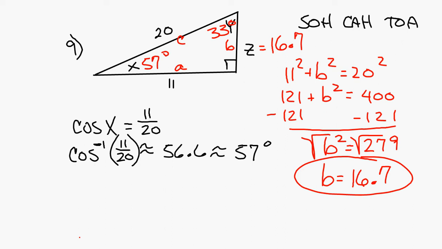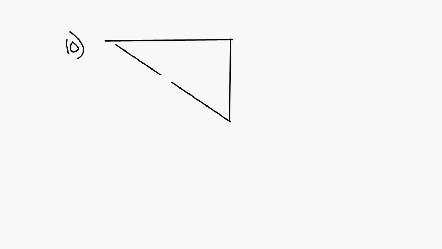Number 10. Got a side of 12 and a hypotenuse of 15. Your variables are y, x, and z. Your acronym is SOH CAH TOA.